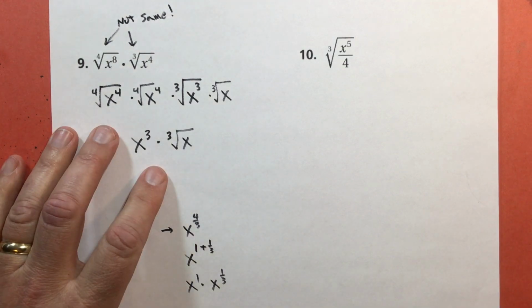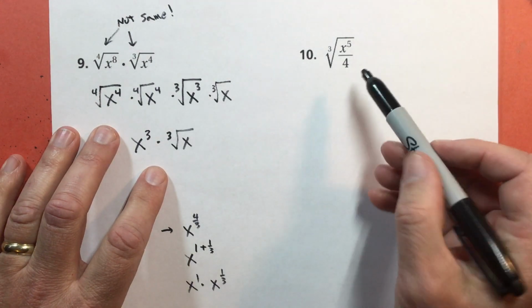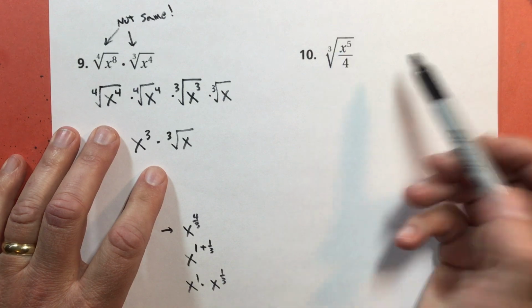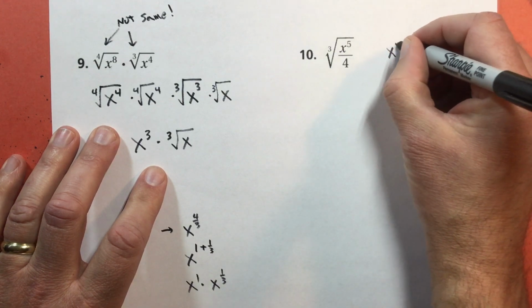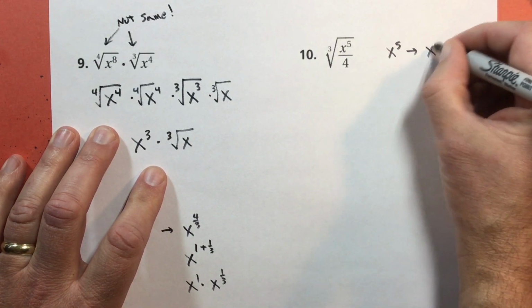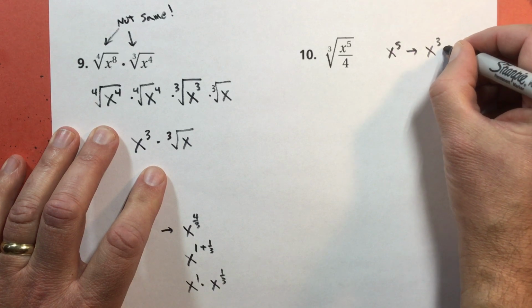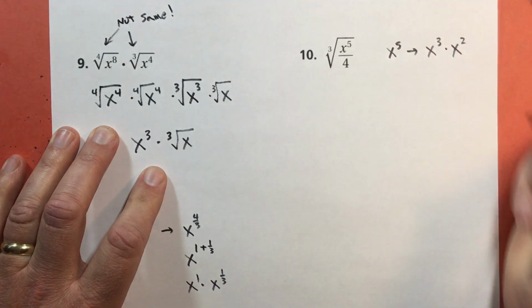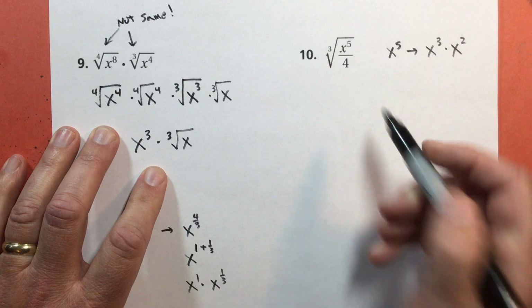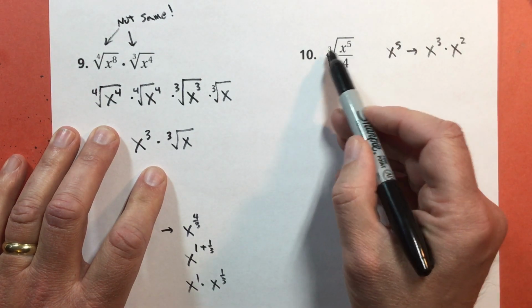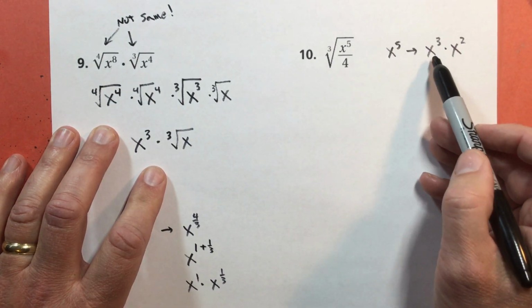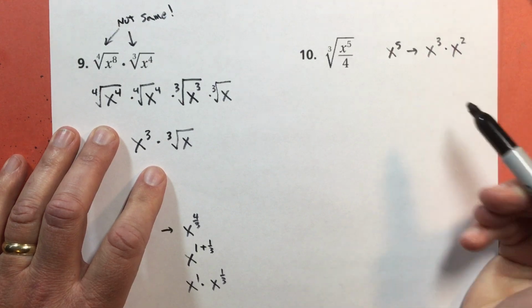Okay, I don't want this to go too long. So I've got x to the 5th power. X to the 5th power is going to be x to the 3rd power. That's 3 of them, and I've only got 2 of them left. So I'm trying to split this into x's to the 3rd power. I only got one group of x times x times x, and then I got x squared left over.